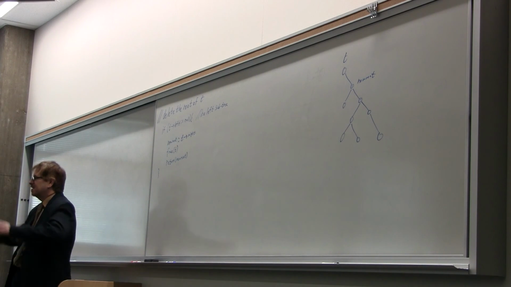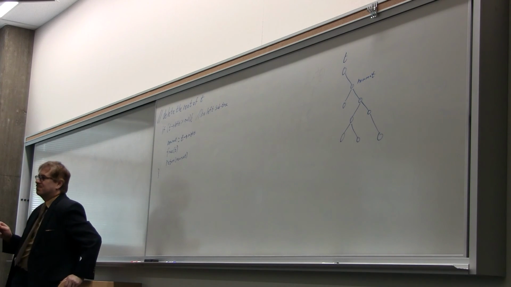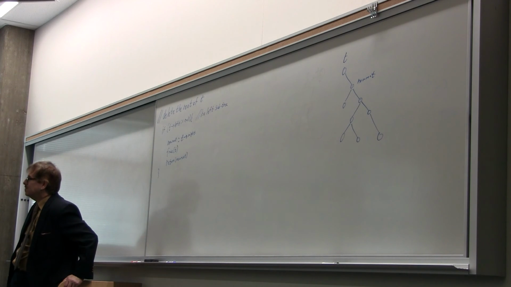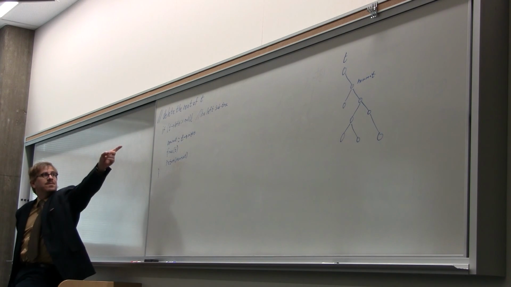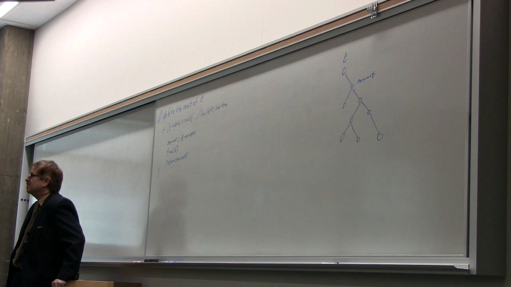And in C, if you say if such and such, as long as that's non-zero, it's considered true. But what if we were using our PA1 system where null was -1? Then saying if t left, that would evaluate to -1, which would be true. So you're kind of dependent on the fact that null is 0. So it's an unsafe assumption, yeah.